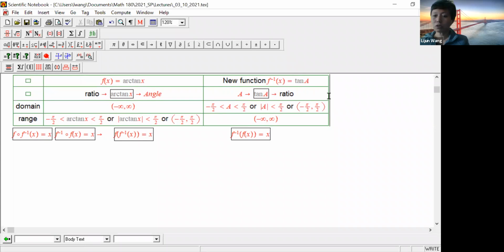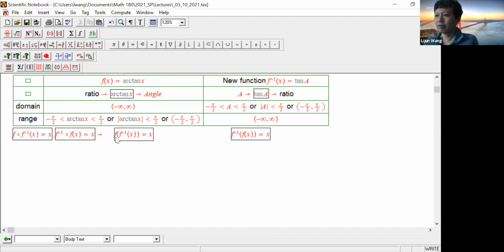You mention a function, you have to know its domain and range. It's like we all have shadows, right? Everybody has a shadow. Sometimes it's visible, sometimes it's not visible. Domain and range follow the rules all the time. So when you talk about a function, you have to know its domain and range. Okay, so now in this case, let's see what we derive.